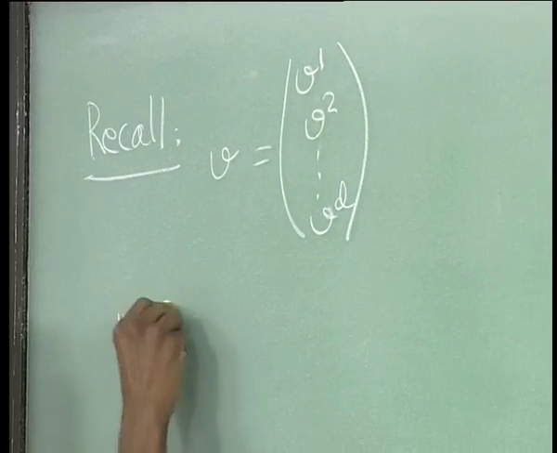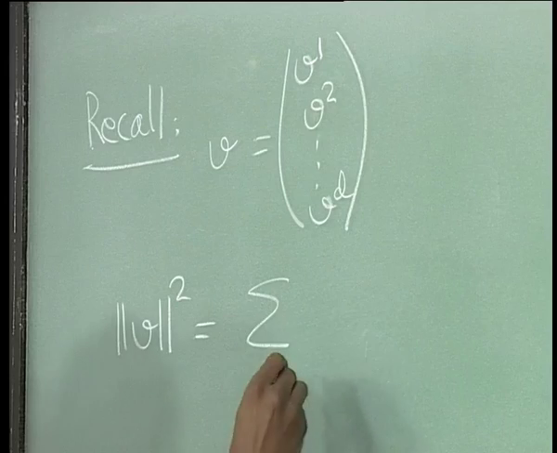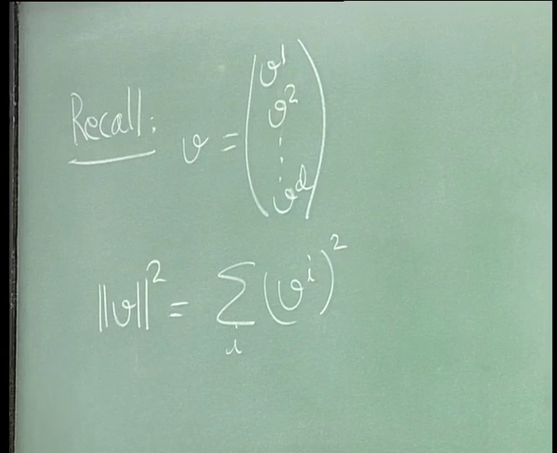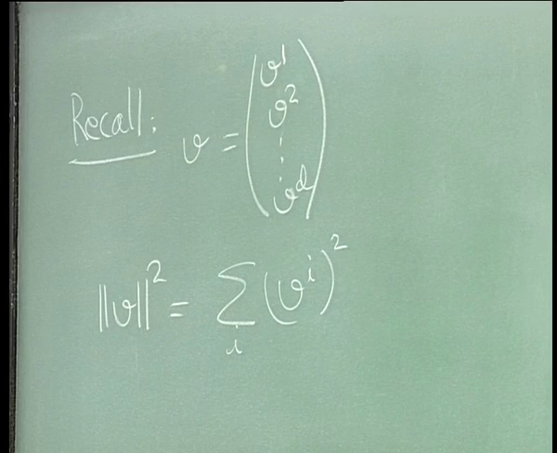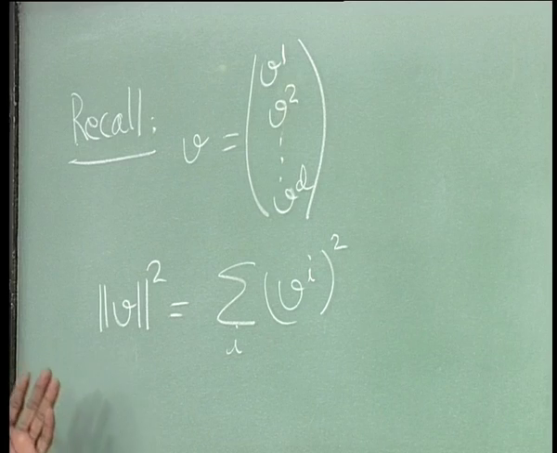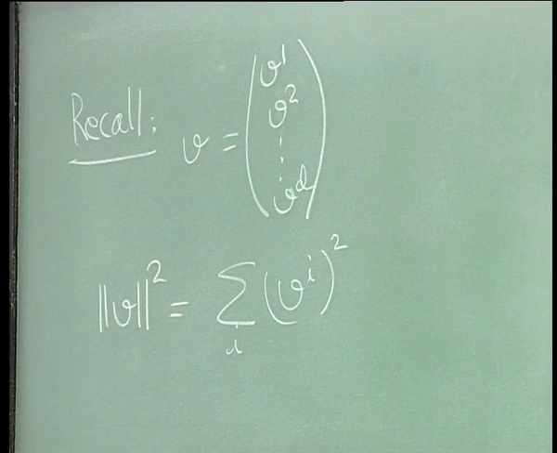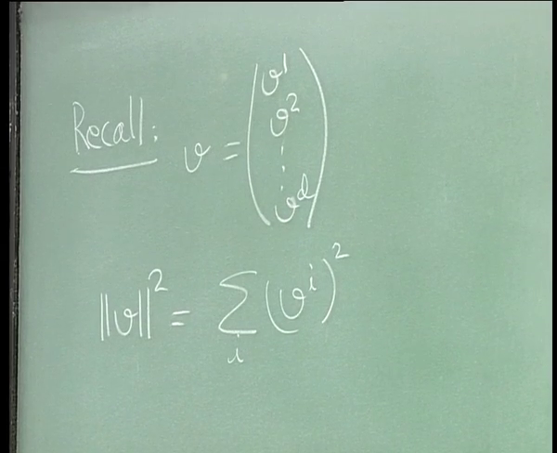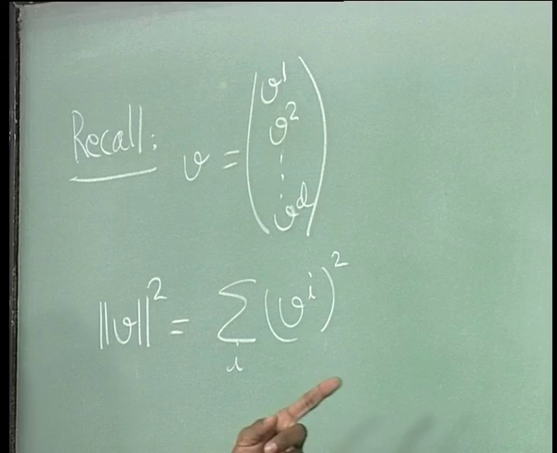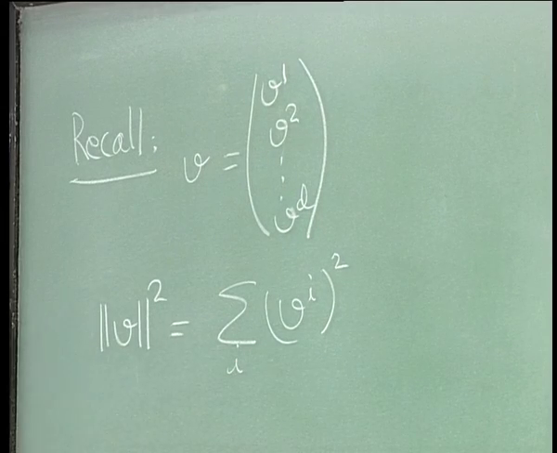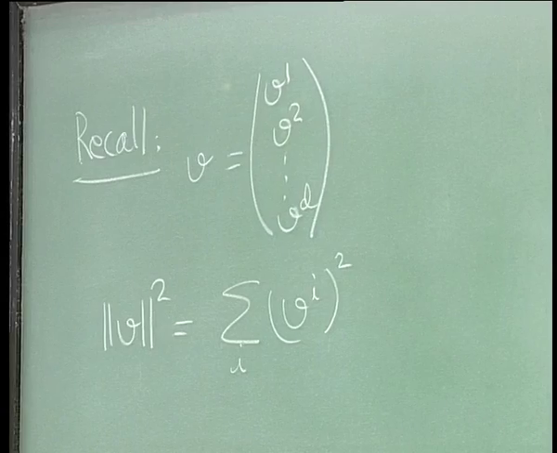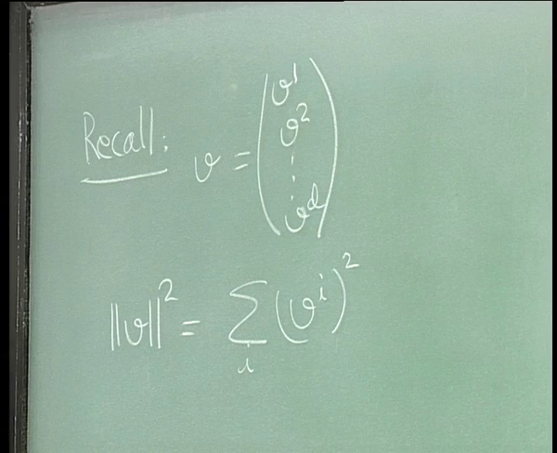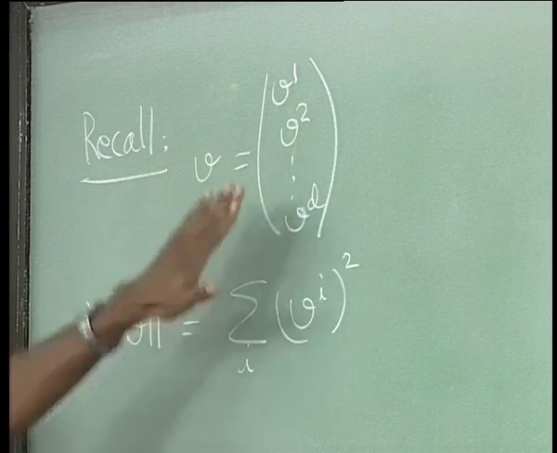So, mod of V squared was the sum over i. This norm has special properties. For instance, the only vector which has 0 norm is the 0 vector, because this is a sum of squares, and the only way this object can be 0 is if every term is 0. Of course, implicit here is that these are all real numbers.